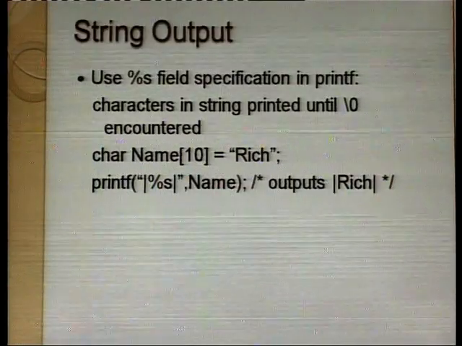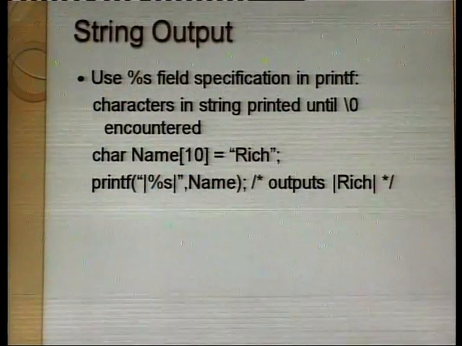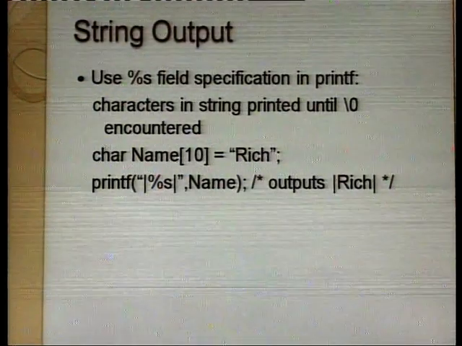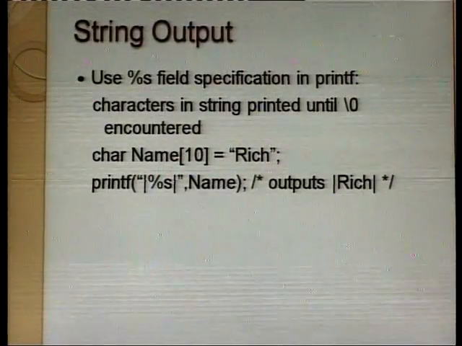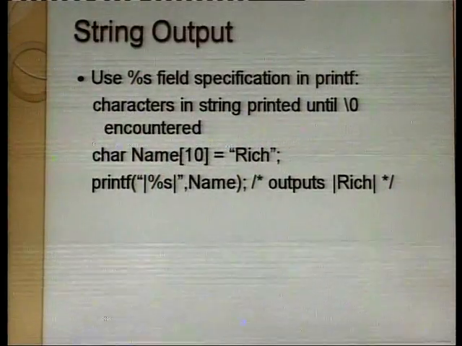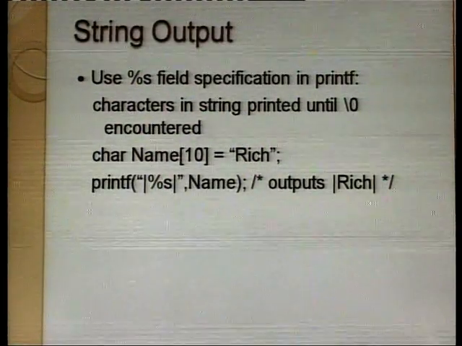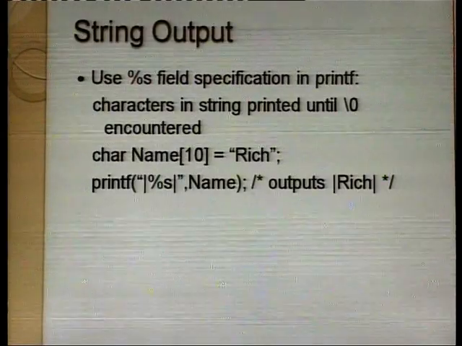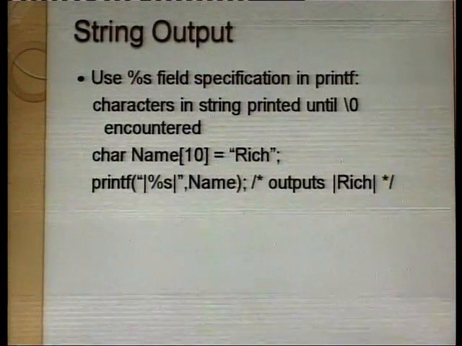So these are the different ways of string input. Here are the different ways of string output. In the string input case we use the scanf function, and in the string output case we use the printf function with the same %s for string variables. The printf function prints the characters until the null character is encountered.